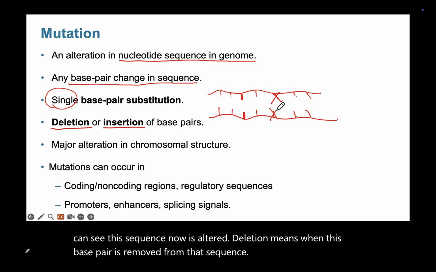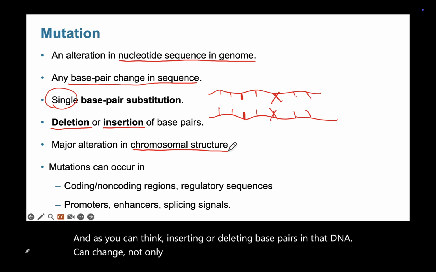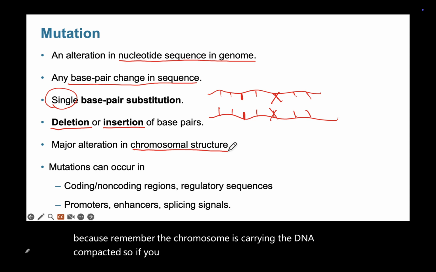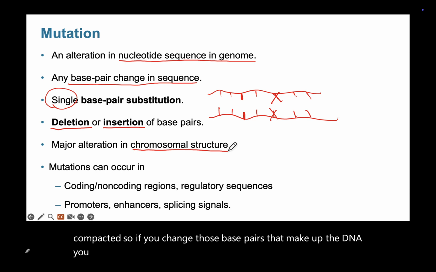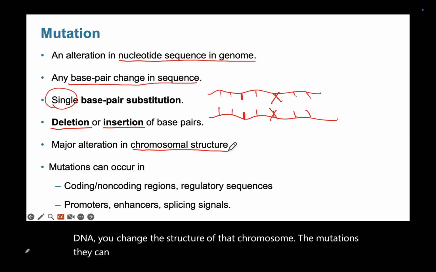And as you can think, inserting or deleting base pairs in that DNA can change not only the gene but also the chromosomal structure. Because remember, the chromosome is carrying the DNA compacted. So if you change those base pairs that make up the DNA, you change the structure of that chromosome. The mutations can occur in specific regions of that DNA.